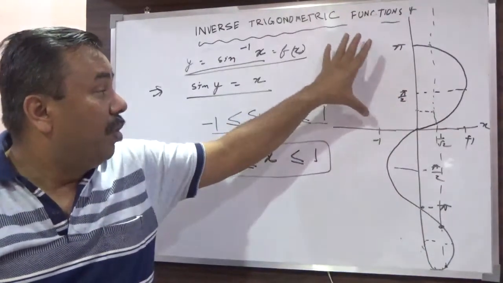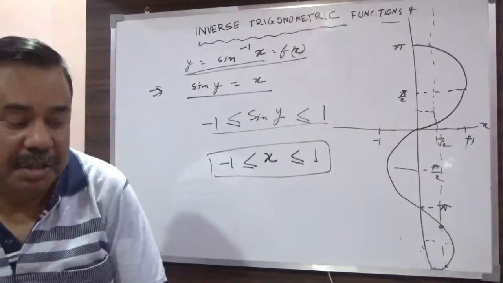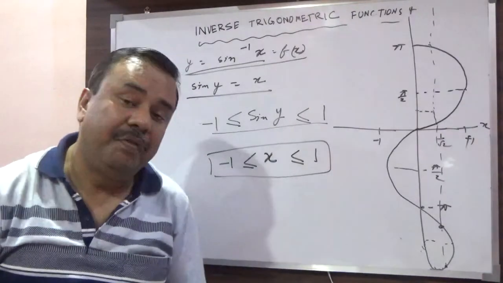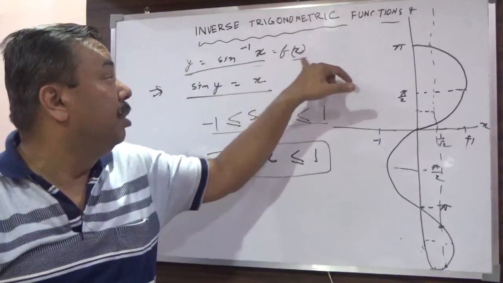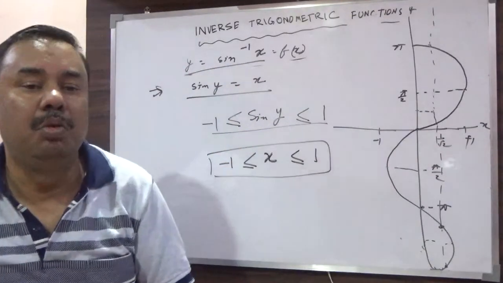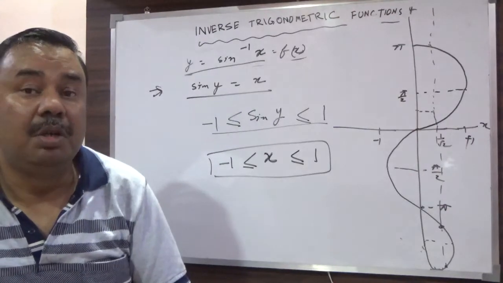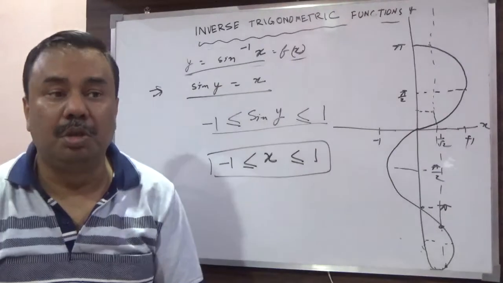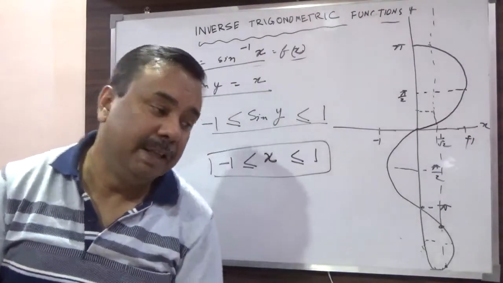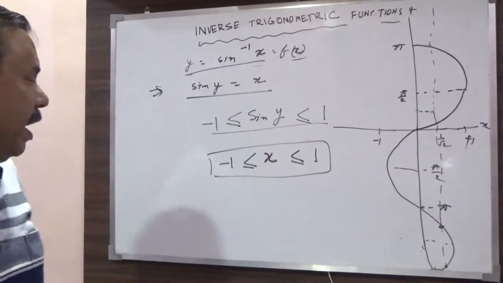So what will be the range? The range of y will be all real numbers. It can have any value from 0 to infinity on the positive side, as well as 0 to minus infinity on the negative side.